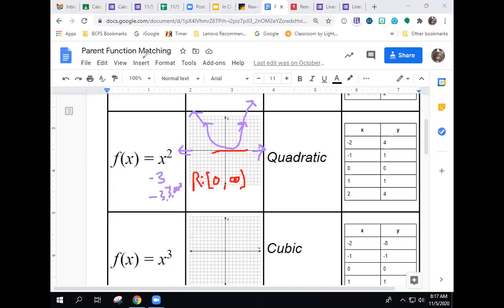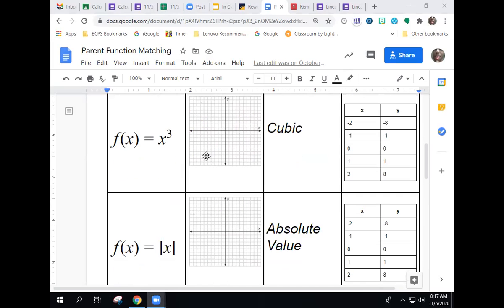So each of these parent functions has a different domain and range. Okay, let's take a look at x cubed real quick. X cubed goes like this. That means the domain is -infinity to infinity, and the range is also -infinity to infinity. So we had some constraints for our quadratic, but we don't have constraints for the cubic.